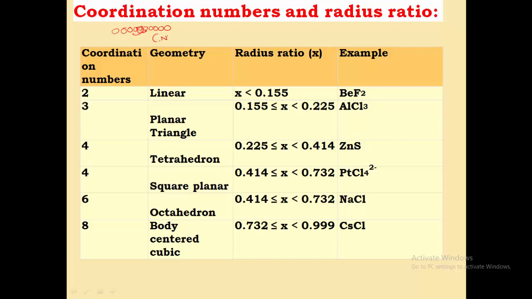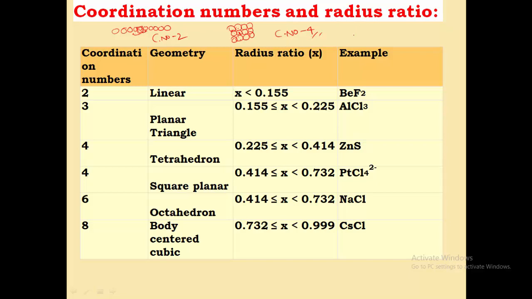So the coordination number is 2. If you consider this arrangement and ask what the coordination number is, here if you consider this constituent particle, how many neighboring atoms are there? 1, 2, 3 and 4. So the coordination number is 4. Hence, the coordination number can be defined as the number of nearest neighboring atoms surrounding each atom.